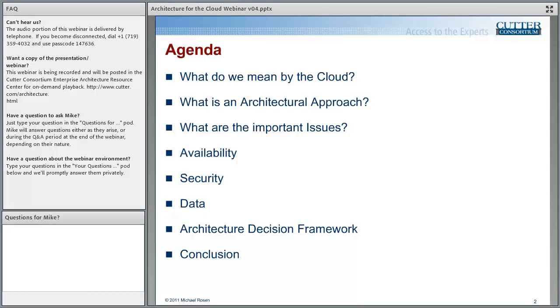Then we'll look at important issues, spending a little bit of time specifically on availability, security, and data, and then look at a decision framework for helping frame those issues in an architectural perspective that we can use to interact with the business.